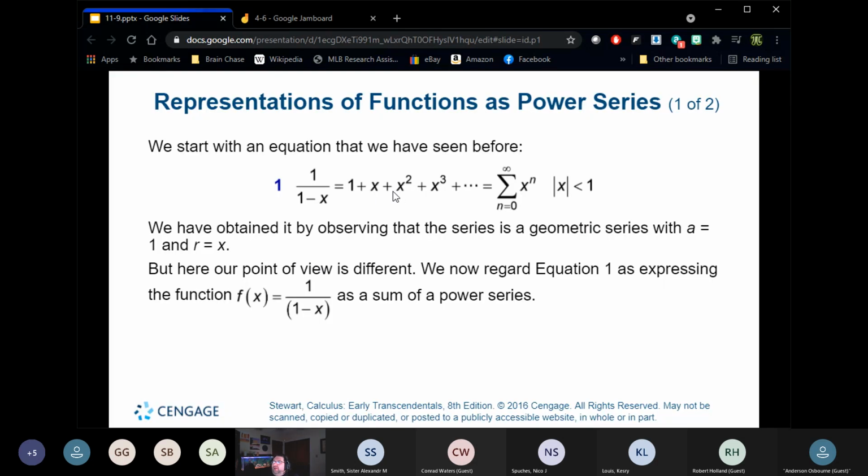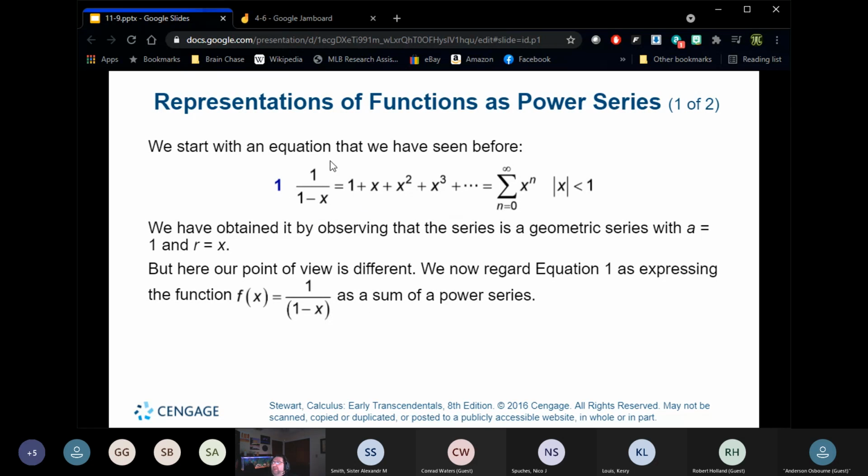One of the things we've noticed is that 1 over 1 minus x, if I took 1 plus x plus x squared plus x to the third and so on, that sum converges to 1 over 1 minus x, as long as the absolute value of x is less than 1. Because that's just our geometric series, and we looked at the beginning that was what the geometric series converges to.